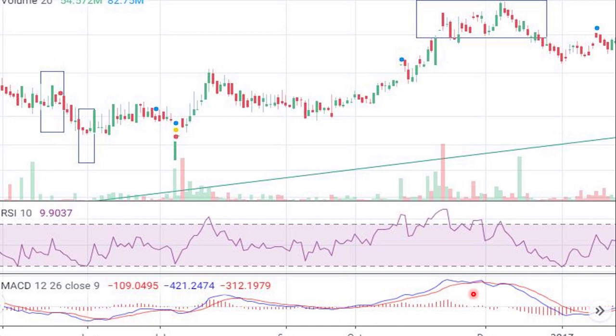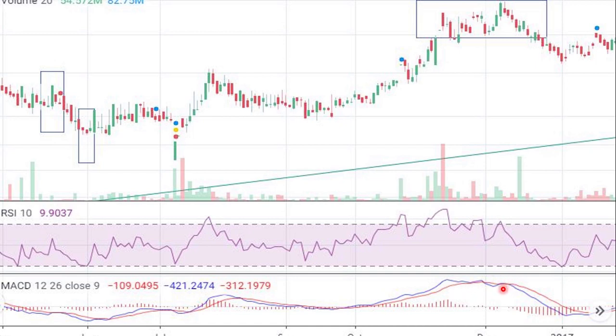And when these 2 lines, for example here, come to the upper half of this indicator, we say we are in the overbought zone.